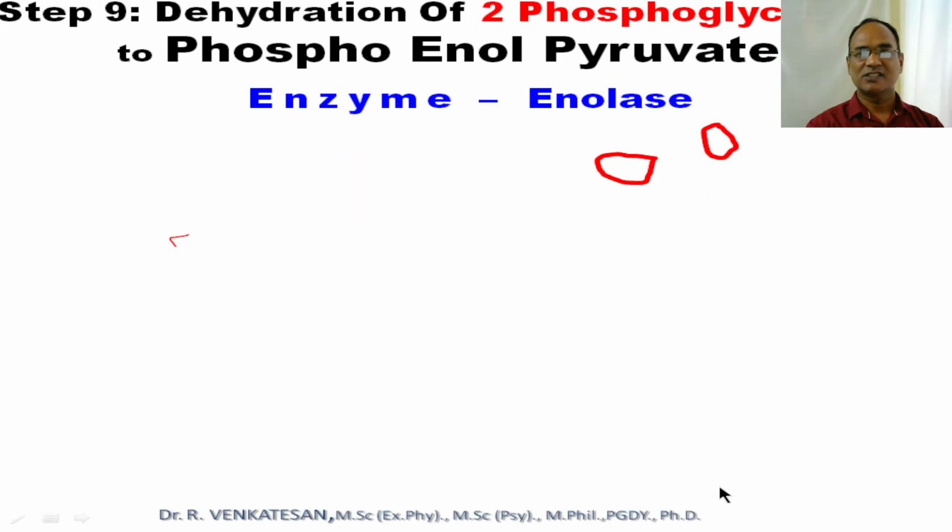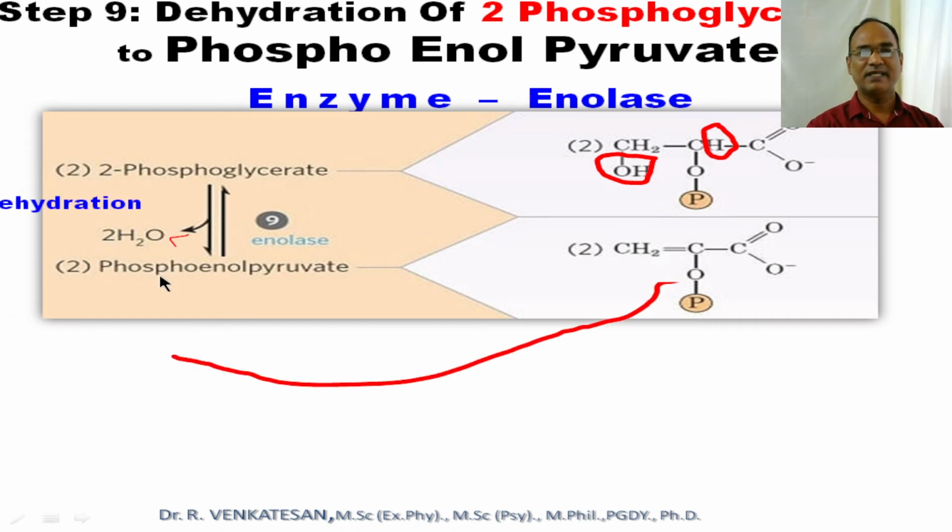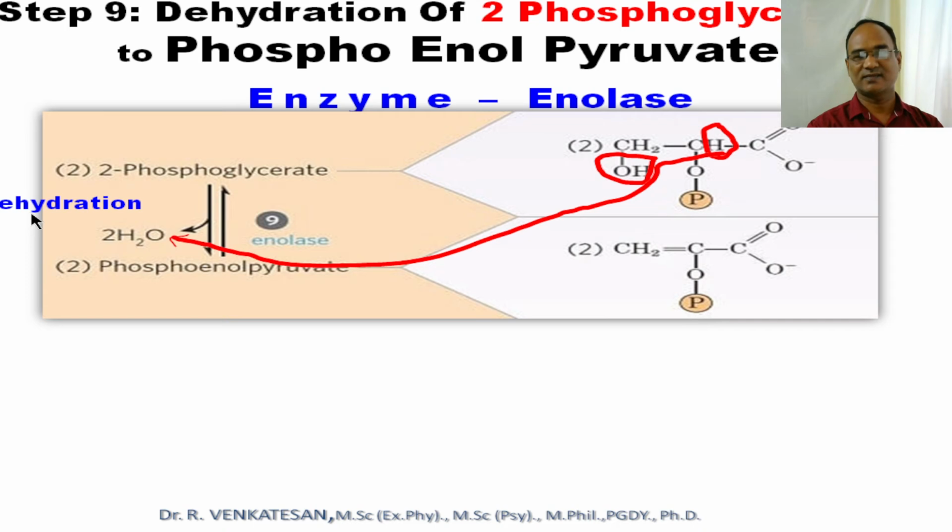So with the chemical reaction, we can see here, as I already mentioned, in the second base one hydrogen, in the third base one OH. This will combine together and make water by a dehydration process.